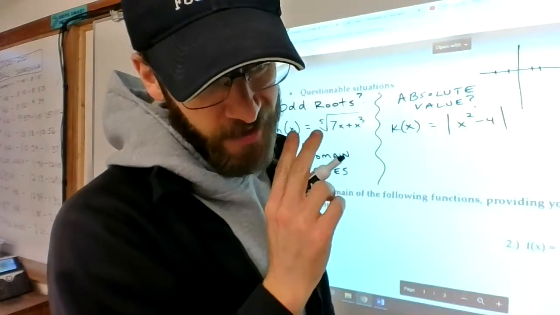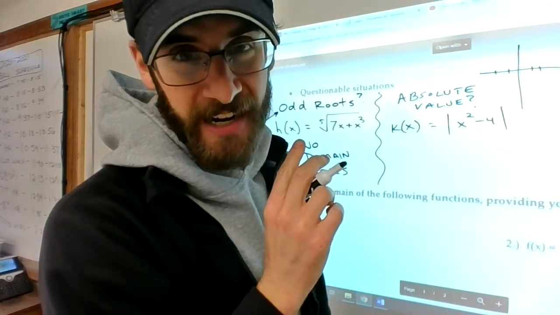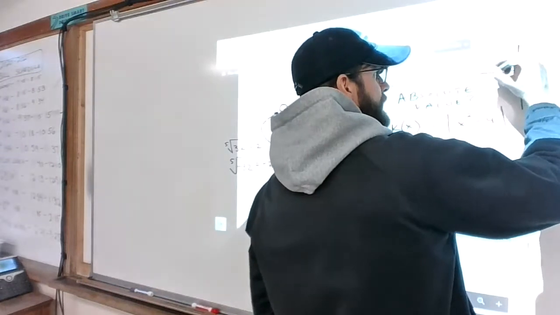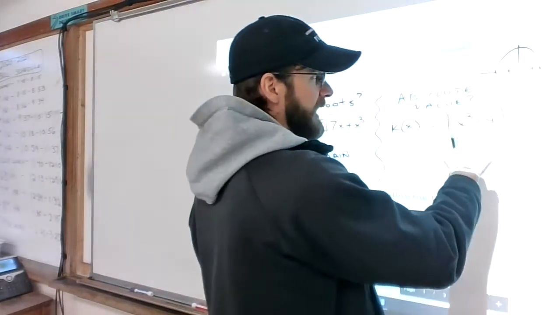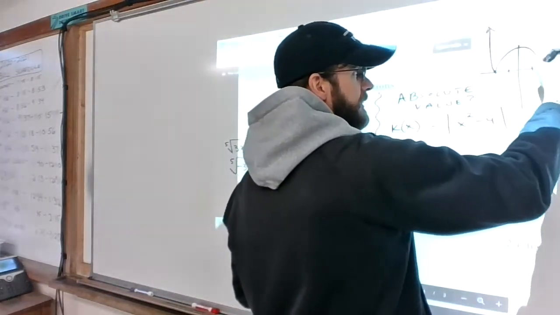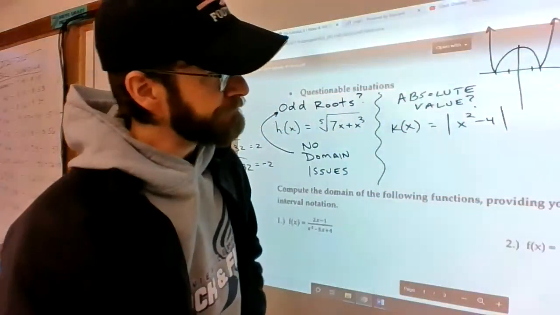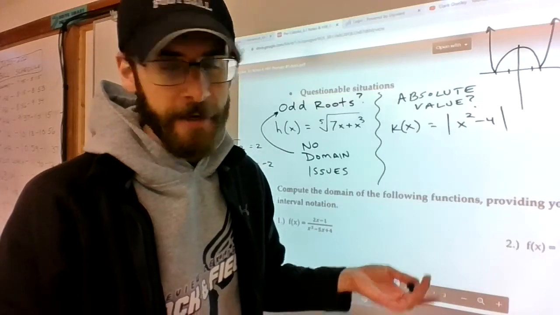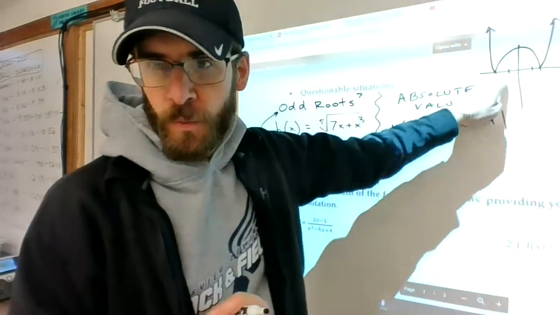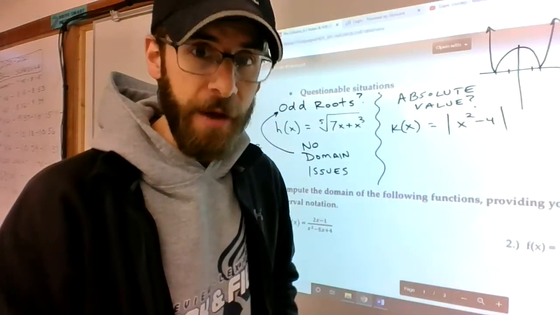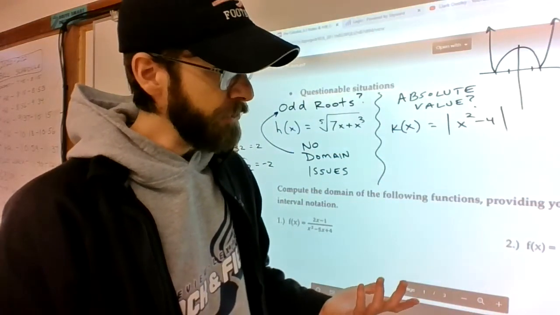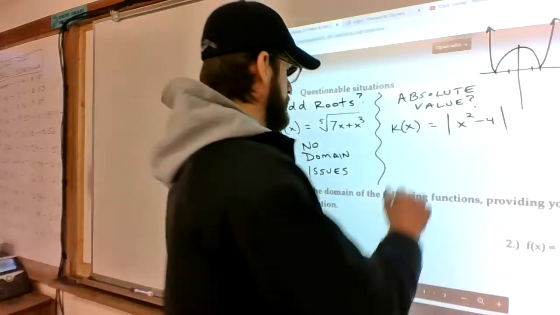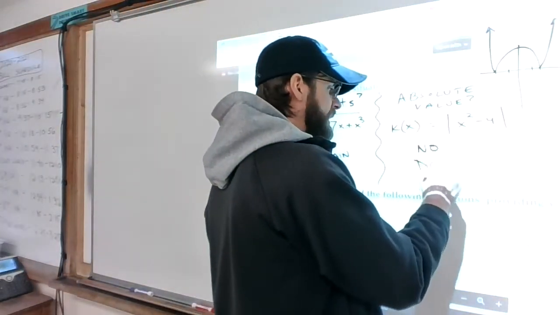This is something we were going to talk about in the last chapter, but we're running out of time with the new way in which I'm teaching this year. I'm not saying you needed to know what this function looks like, but there is no domain issue with this graph. Every single x value is accounted for. So for absolute values, unless there's an even root or a fraction involved, there are no domain issues.